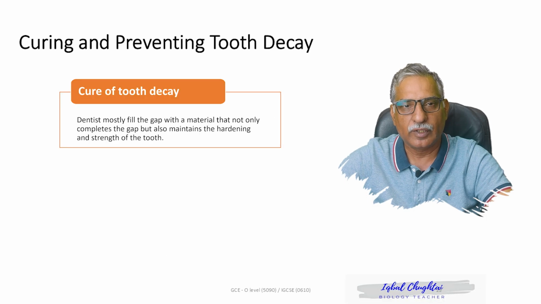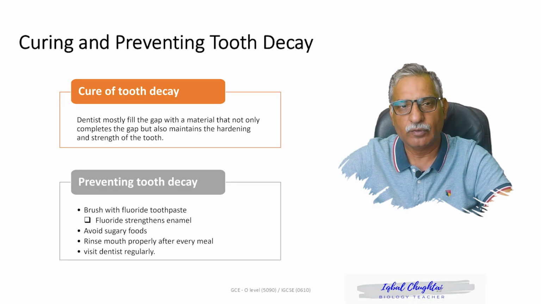We need to brush our teeth regularly with fluoride toothpaste, because fluoride strengthens the enamel. We must avoid eating sugar-rich food, or if we do eat, we must rinse our mouth properly with plenty of water.